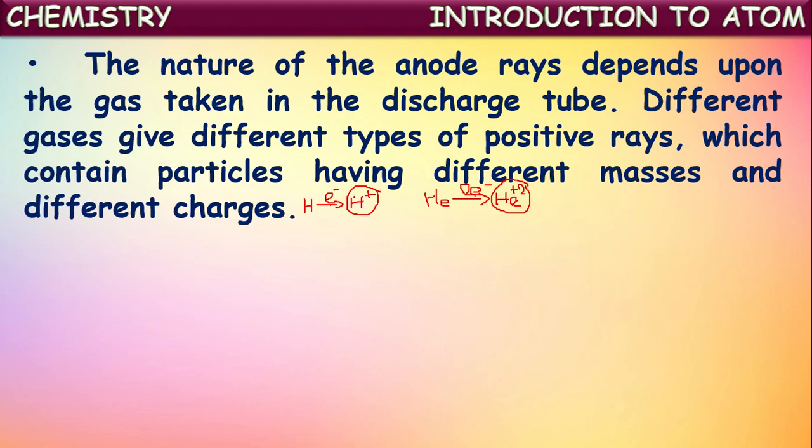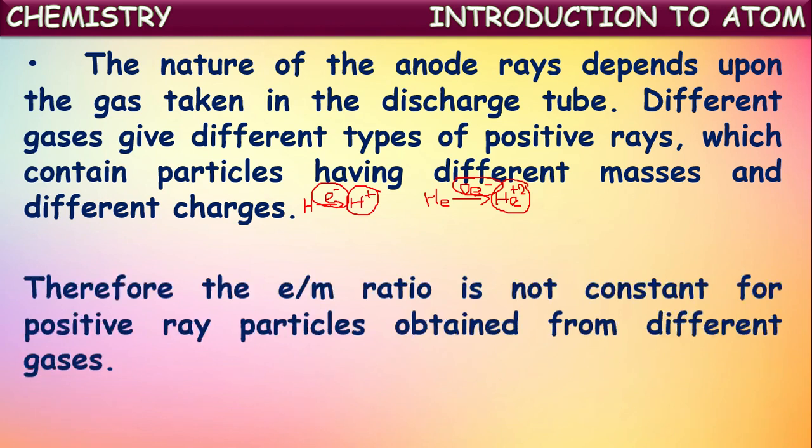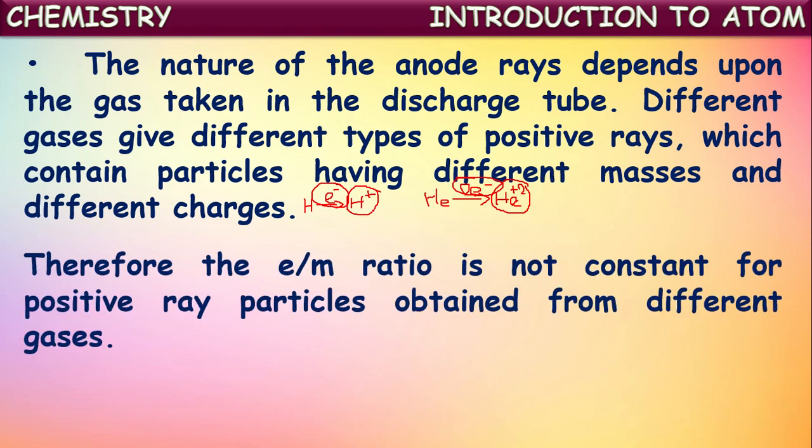Okay, but in all the cases, cathode rays are the same, electrons only. There is no difference in those. Only in the case of anode rays, the nature is dependent upon the gas taken in the discharge tube. Right? Therefore, the e by m ratio is not constant for positive rays.